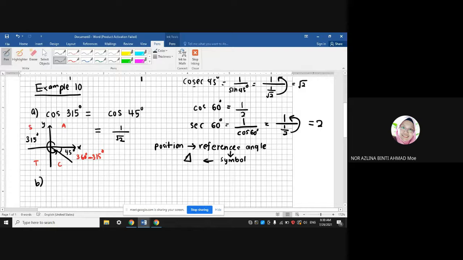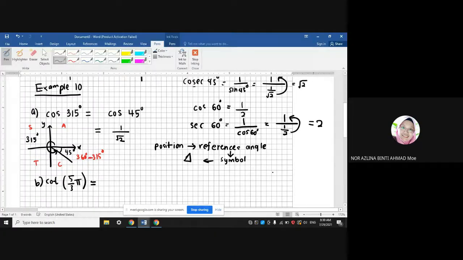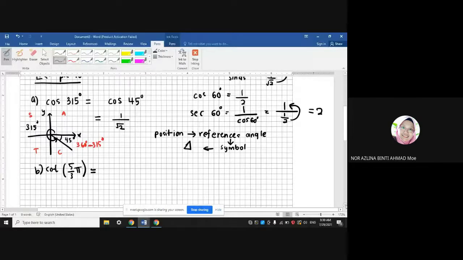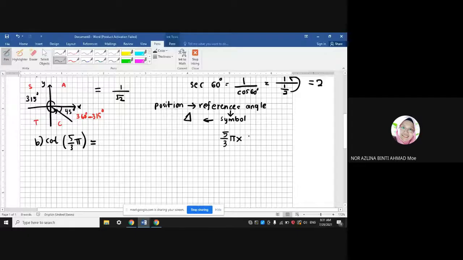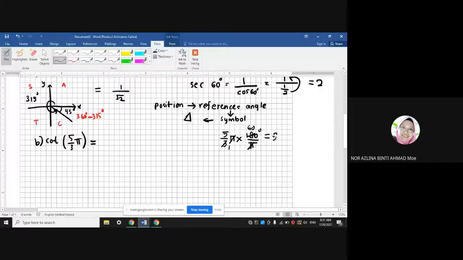Okay, B. Cotangent 5/3 pi. Tak nak susah hati ada pi ni. Tukar saja kepada degree.